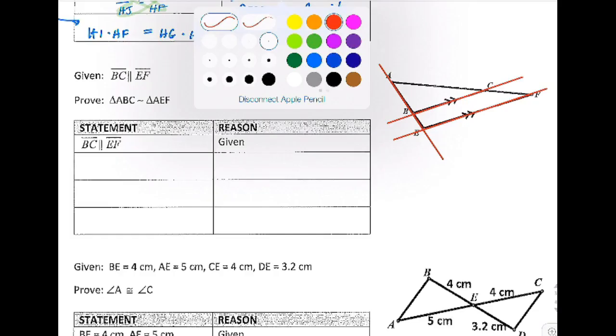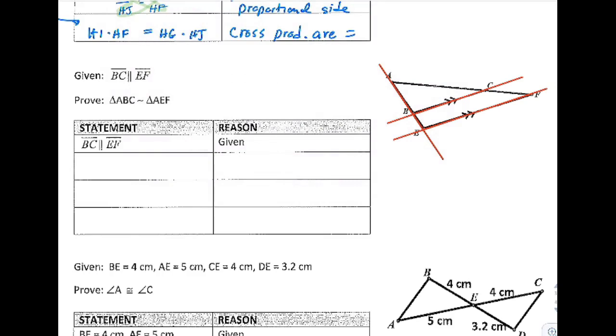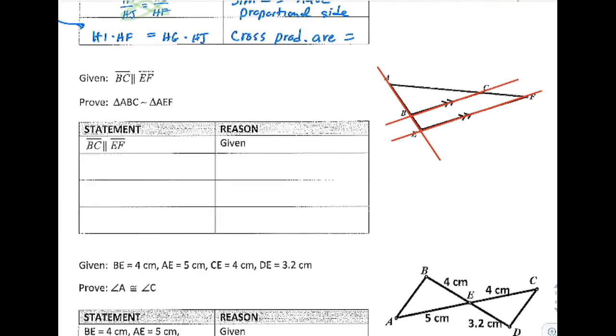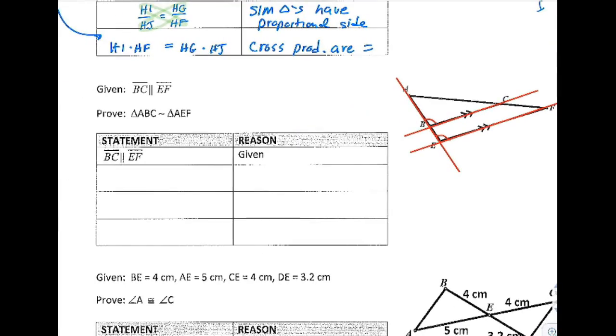So stay with me here. I'm just going to talk and you're going to write. So notice I have the parallel lines drawn in and the transversal. So that means that those two angles are the same. So I'm going to say angle B is congruent to angle E because corresponding angles are congruent.